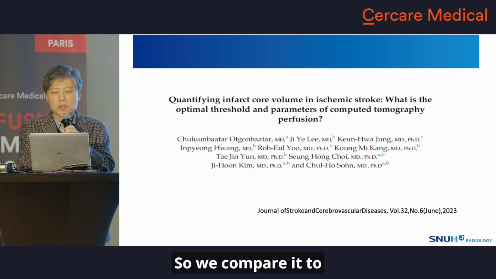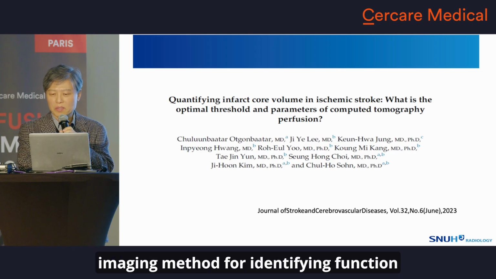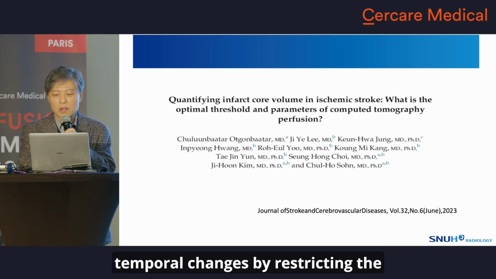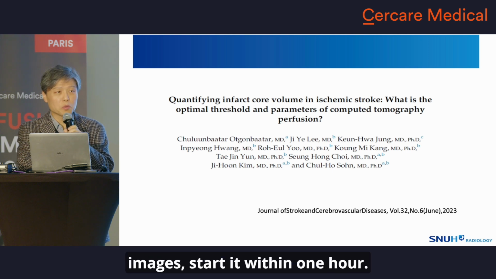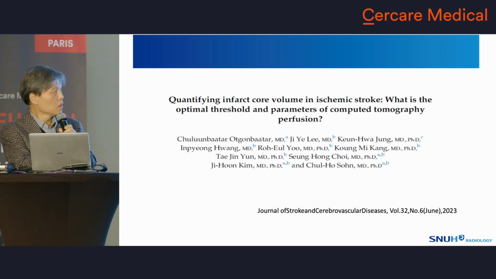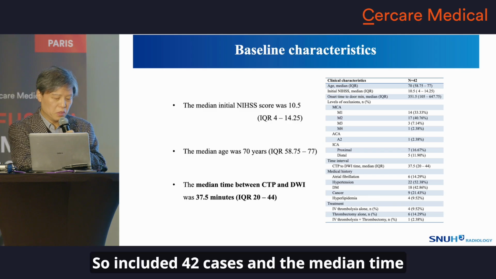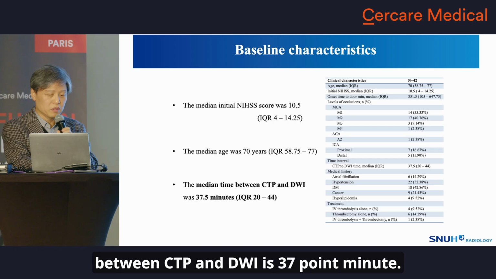So we compared with DWI, which is a practical imaging method for identifying infarction, and attempted to minimize the temporal changes by restricting the interval between the two imaging studies to within 1 hour. We included 42 cases, and the median time between CTP and DWI was 37 minutes.